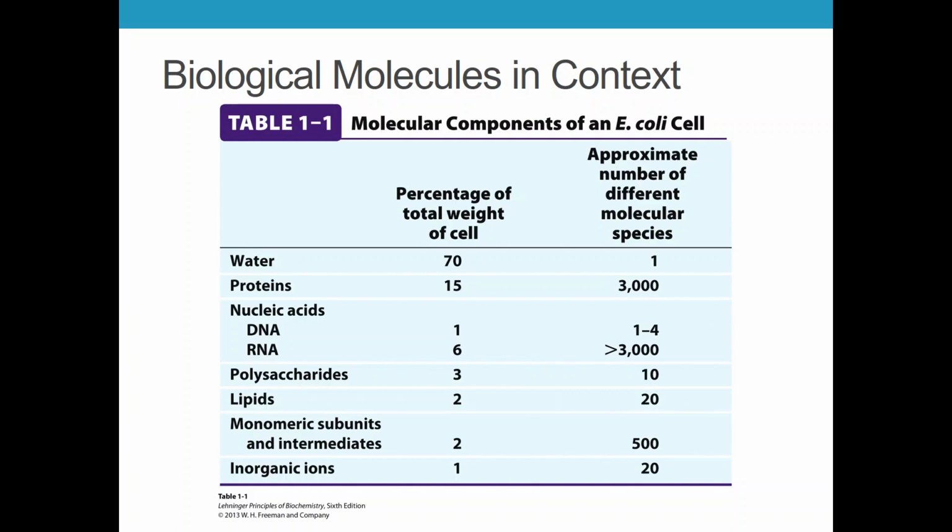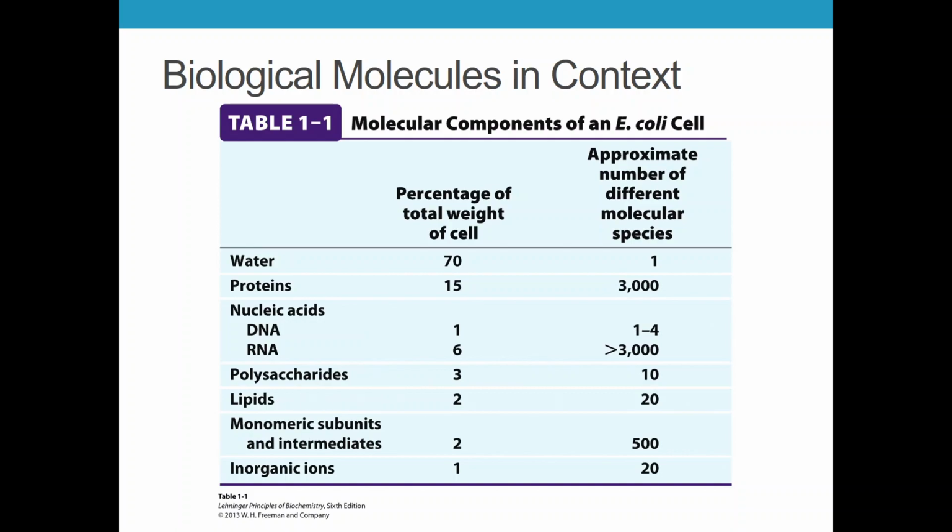Now, before I move on here, I've just basically broken down how we're going to spend our time in this course. In Biochemistry 1, we devote all of our time to really presenting to you the different kinds of biological molecules. So we're going to talk about proteins, nucleic acids, polysaccharides, and lipids.